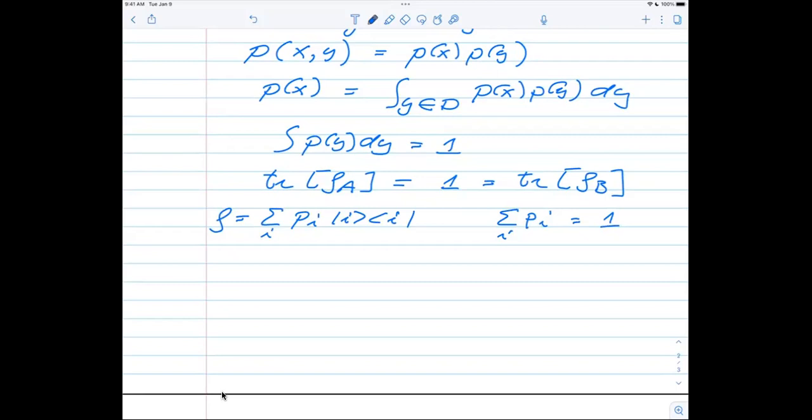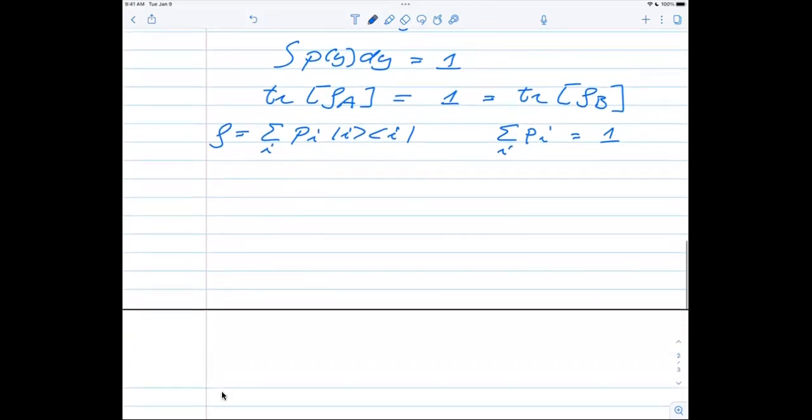So what we're going to do now is just look at an example. Let's go back to this Bell state and set up the way we would construct this subsystem.